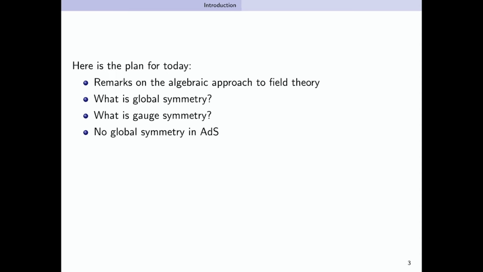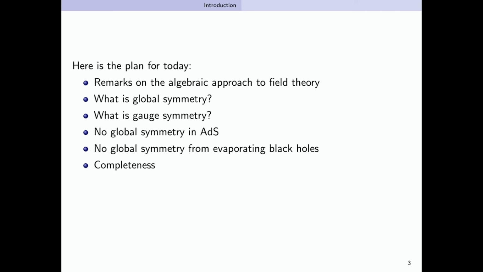We'll talk about no global symmetries in AdS, and no global symmetry coming from the unitarity of evaporating black holes, which is good because we don't live in AdS, but we do have black holes, and we hope they evaporate unitarily. Actually, I'm not going to talk about completeness; I should have removed that. And then I'll say a bit about gauging space-time inversions. For example, symmetries like time reversal or CRT symmetry in gravity have to be gauged, and that leads to some strange things that I'll say a little bit about at the end.